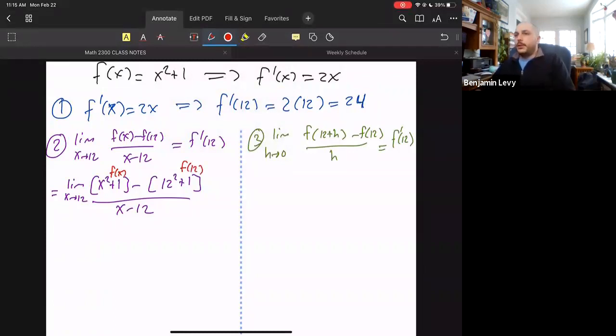This is function notation: f of x is the function with x in there, and f of 12 is the function with a 12 in there. Just following the instructions, basically. At this point, it's just a limit, and we're going to simplify things. This one looks like it's going to factor and cancel. At this point, it's just using material we've already seen. Is this part okay? That's all right.